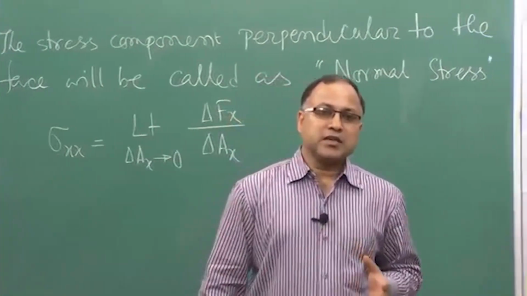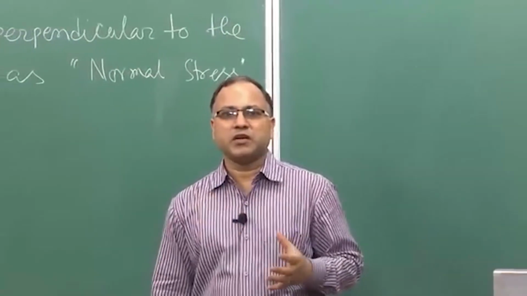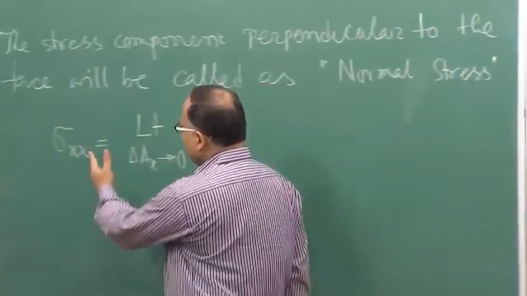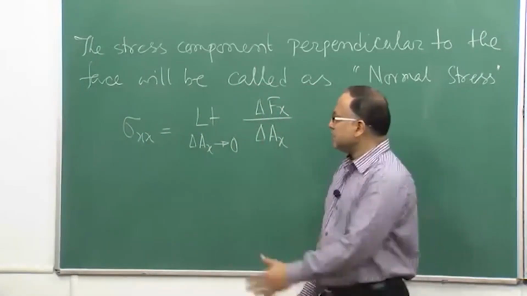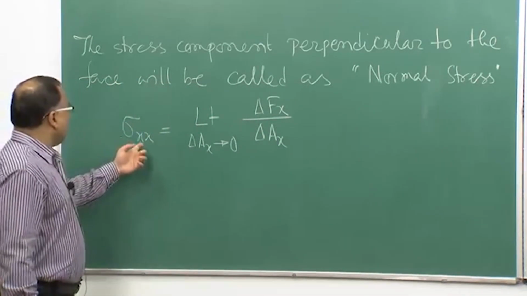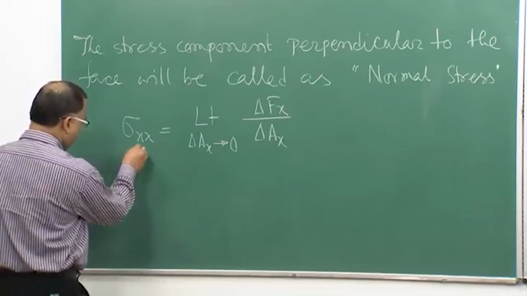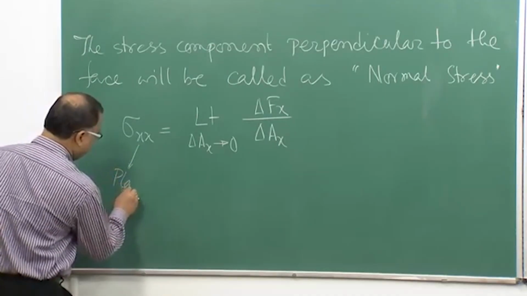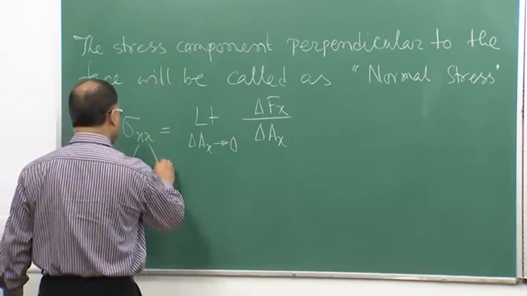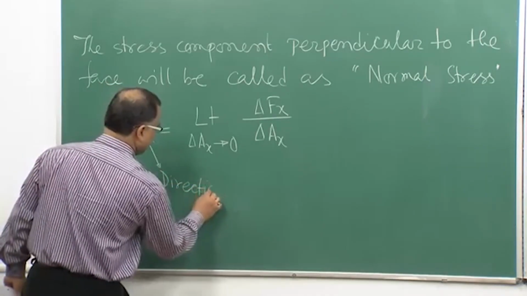Unless you mention these two things, the definition of that stress is not complete. Sigma denotes normal stress. In xx, the first subscript stands for the plane on which the stress component is acting, and the second subscript stands for the direction.